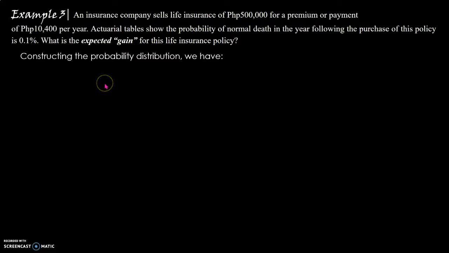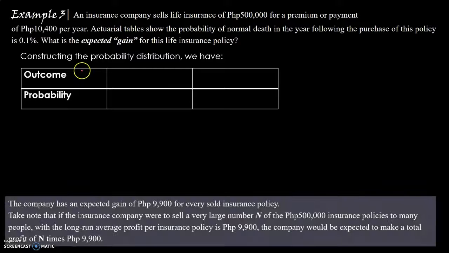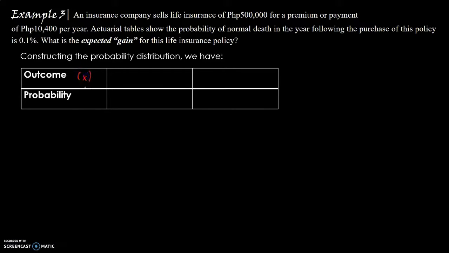So constructing the probability distribution, we have outcomes and the probability. Now we let our outcomes be the x, and the probability is the probability of x, or the p of x. Okay? Now at the end of the year, there can only be two outcomes for this problem. It is either the customer will live, or the customer will have a natural death at the end of the year.